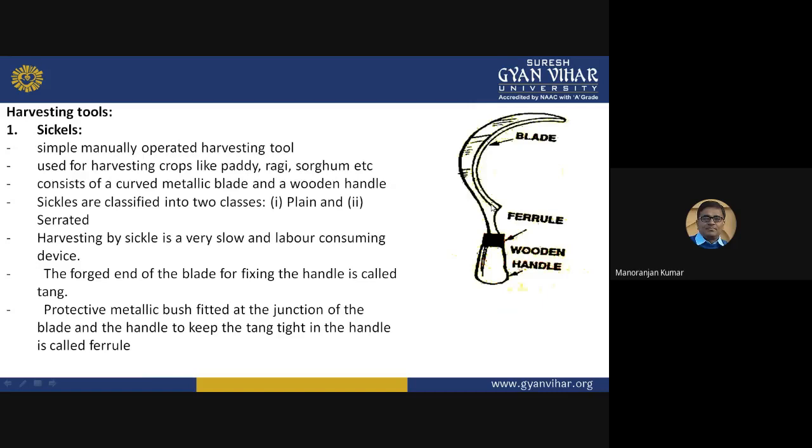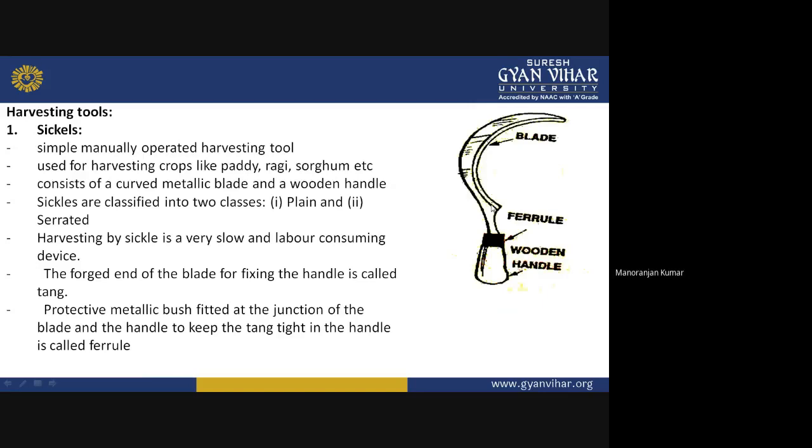Sickles are classified into mainly two types. First one is the plain sickle, and the other one is the serrated sickle. In the plain sickle, this area will be plain, and in the serrated sickle, some serrated structure is made on the cutting area. Harvesting by sickle is a very slow and labor-consuming method.